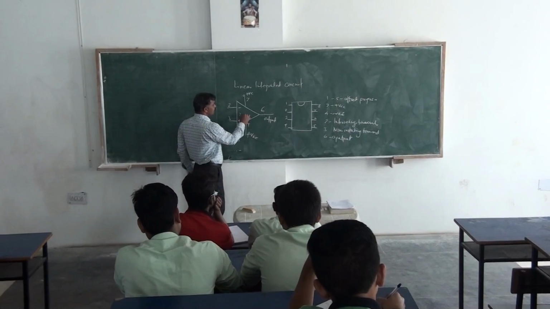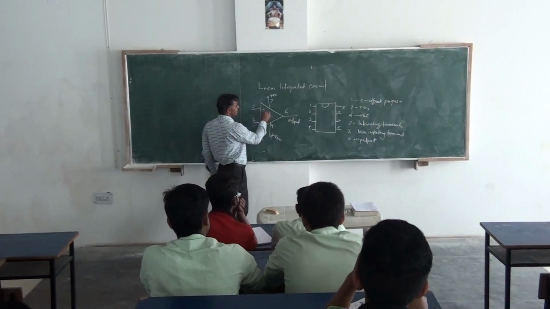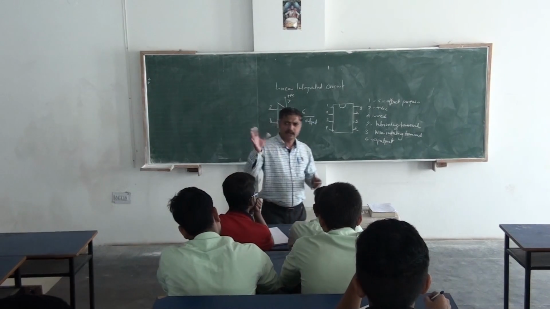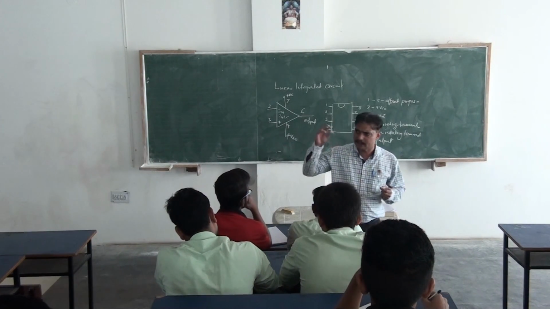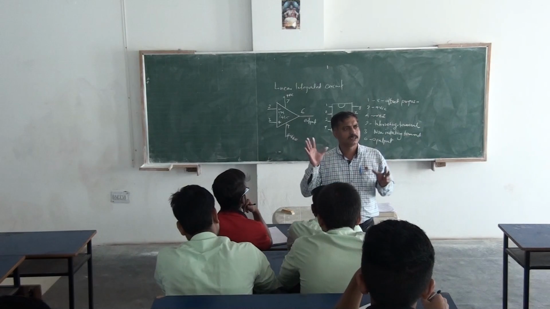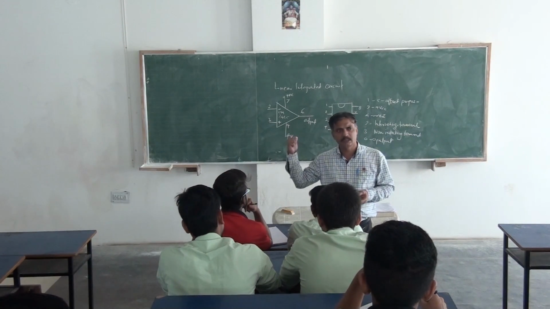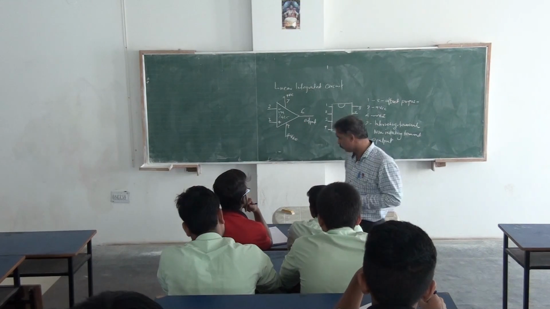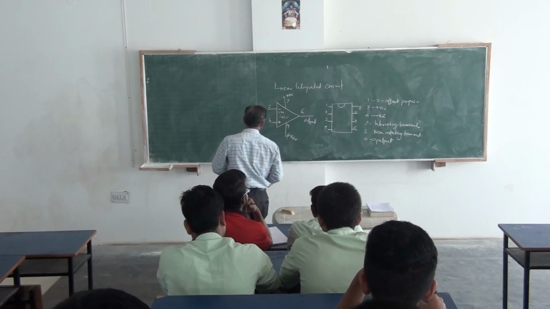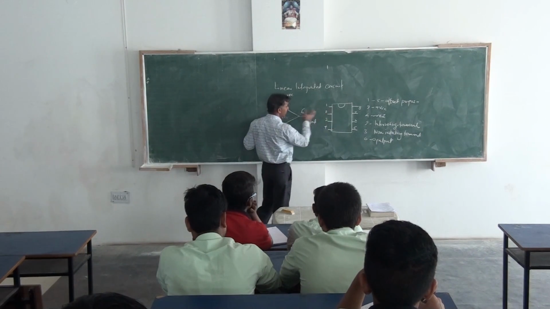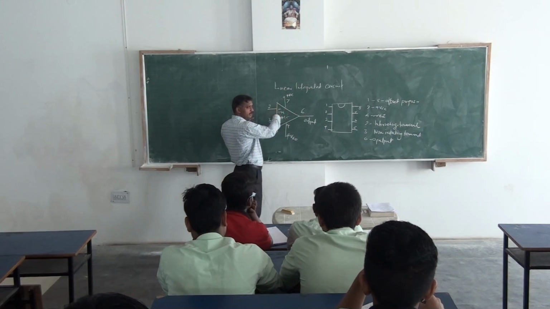Certainly the 741 we consider here, LM741C, and there are n number of ICs, different ICs manufactured by various semiconductor companies, but we will see this 741 in detail. Now this is the symbol, this is the IC pin number, it is an 8-pin IC, and the respective pins are shown here.